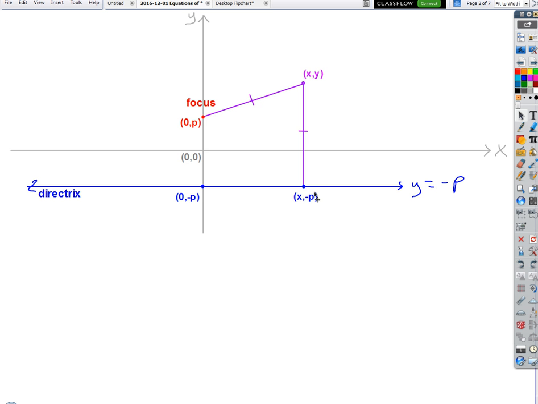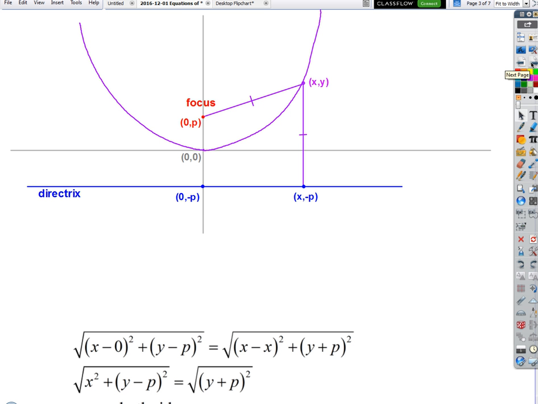It's the set of points that are equidistant from the focus and the directrix. And we're going to use that statement to build the equation of a parabola, right? All we're really going to say is this distance has to equal this distance, and just go from there, right? Questions? Does that make sense? Okay. Let's just see what that looks like then.